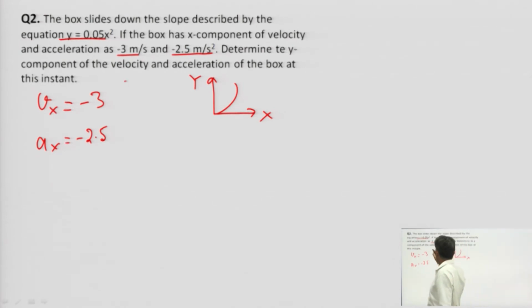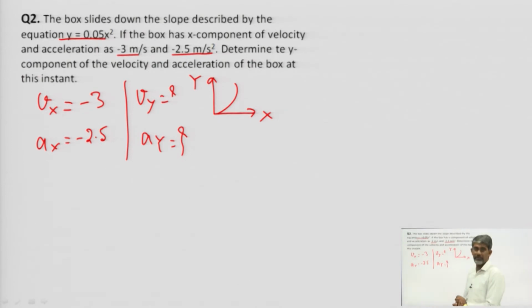So we need to find Vy, we need to find ay. So it is a similar question as we did in the previous question. So Vx, let us start. With the help of these parameters we will calculate.